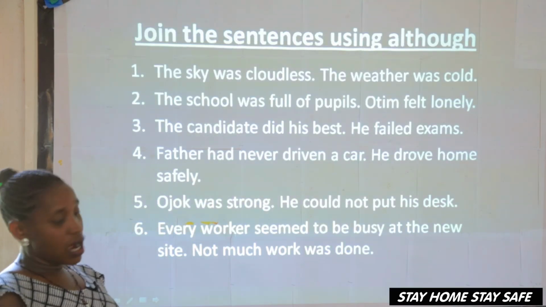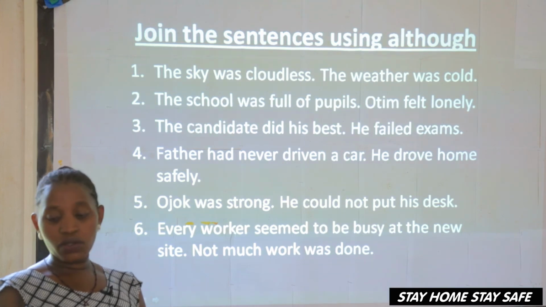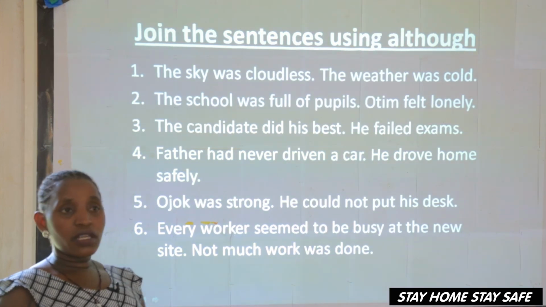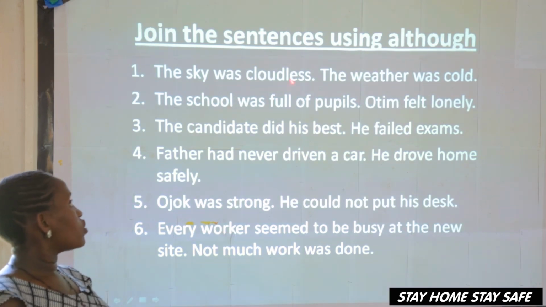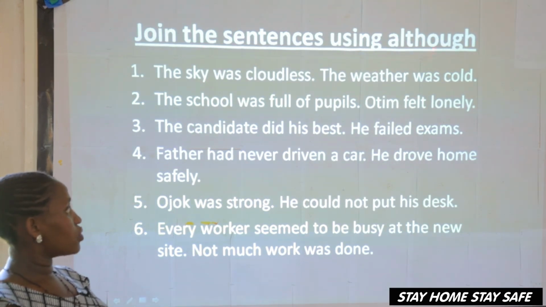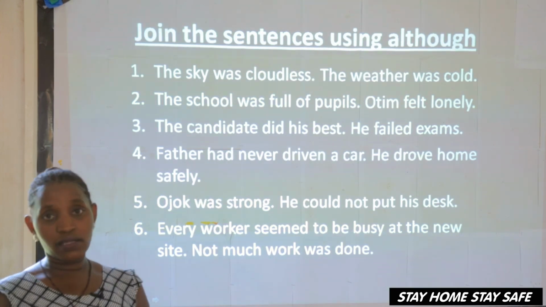So after learning and understanding how to use although, I'm going to leave you with an activity. In this activity, join the sentences using although. In these sentences, I will expect two answers.